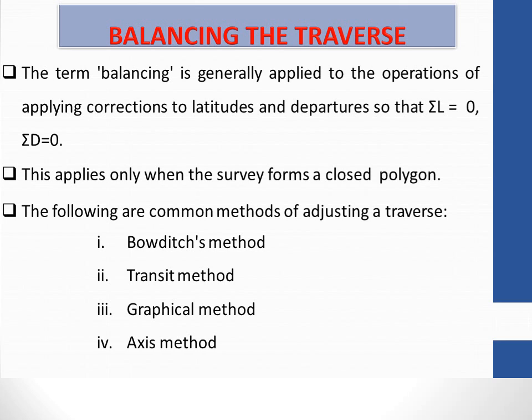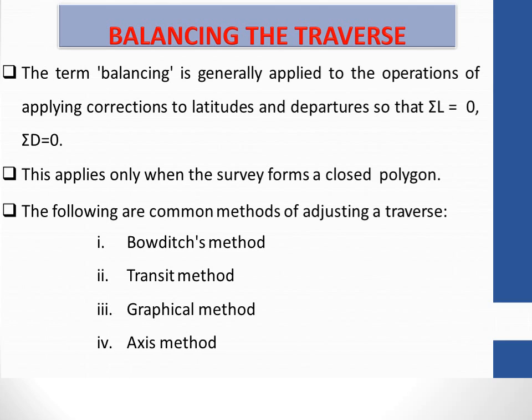The term balancing is generally applied to the operations of applying corrections to latitudes and departures so that summation of latitude will be equal to 0 and summation of departure will also be equal to 0, so that we get a perfect traverse. This is applied only if the survey forms a closed polygon, or we can say if it is a closed traverse.